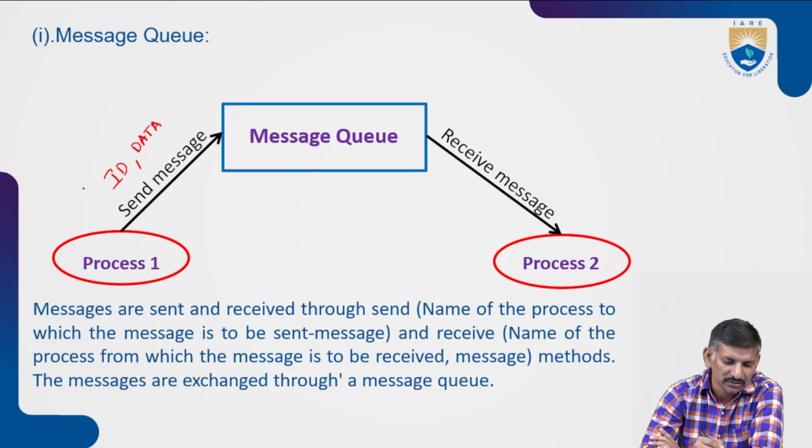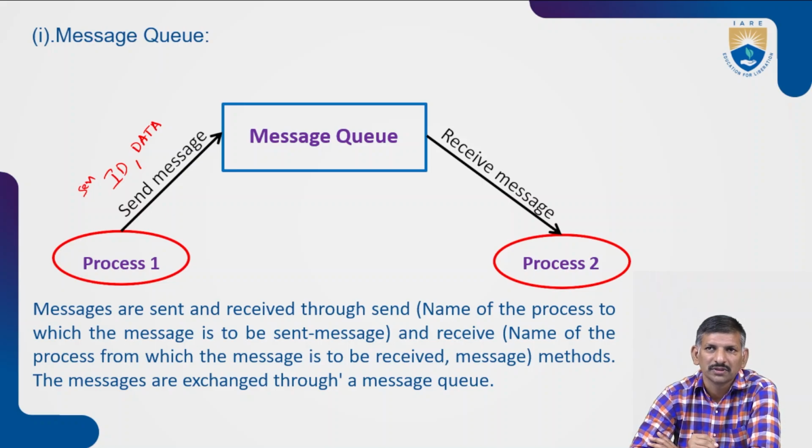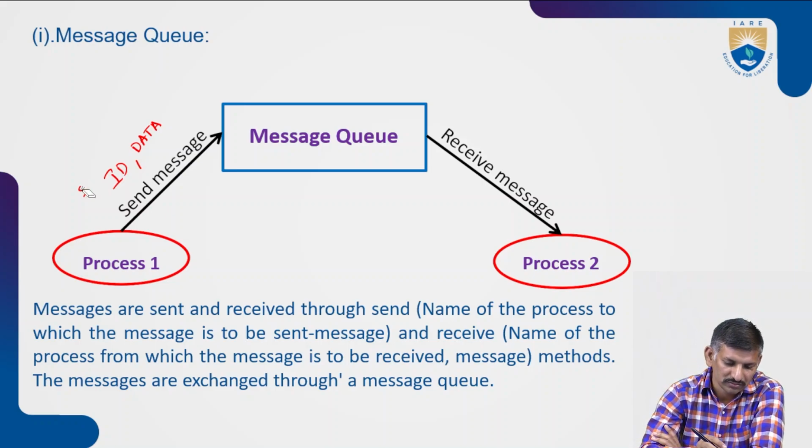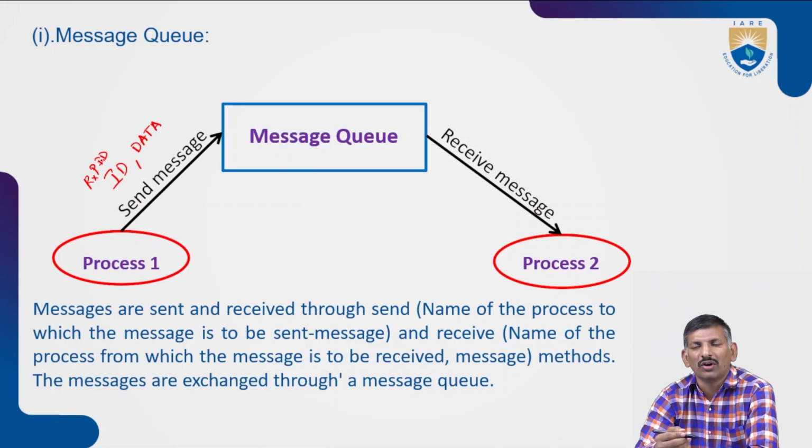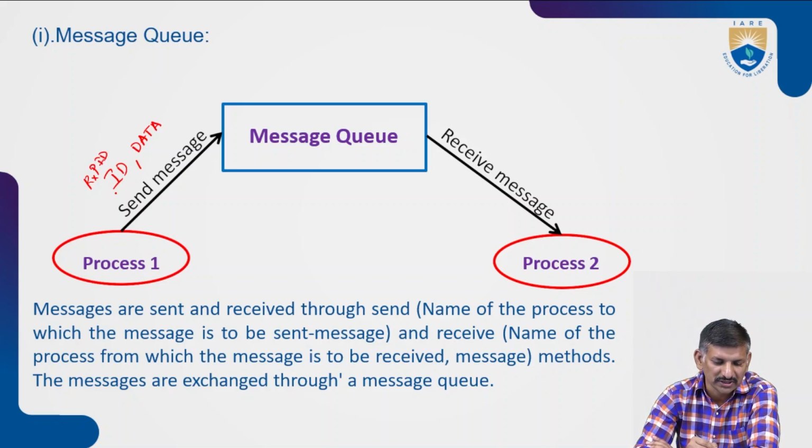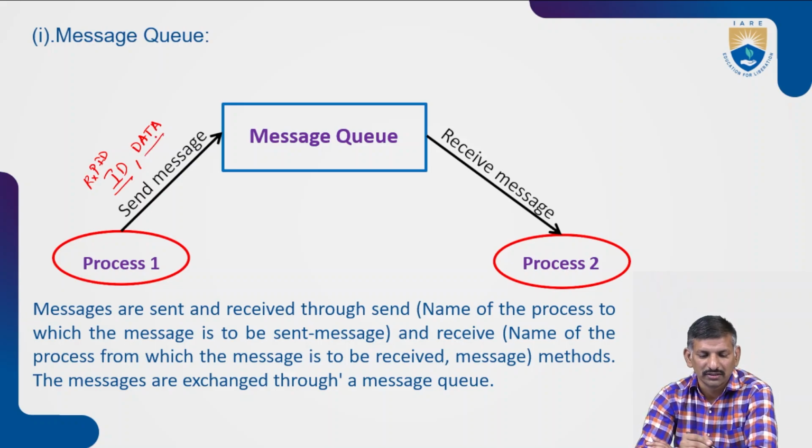This is the receiving process ID, to which process you want to share the data, and whatever data I want to send will be defined in this message.